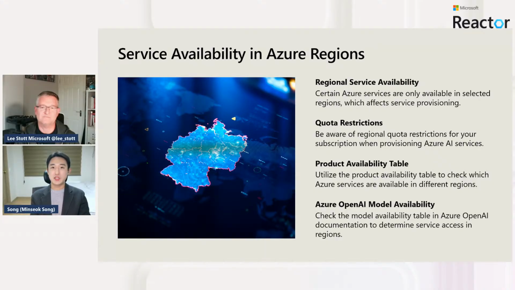So always double check. Azure provides a helpful product availability table, which you can use to verify what's available across regions. And finally, for services like Azure OpenAI, model access is also region specific. So be sure to consult the model availability table in the documentation before planning your deployment.